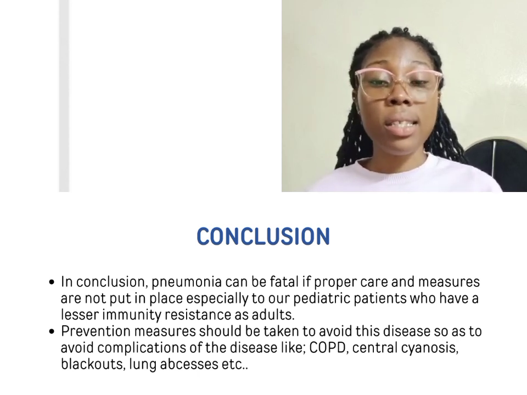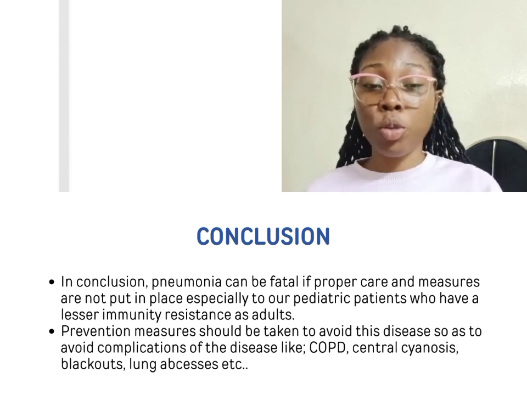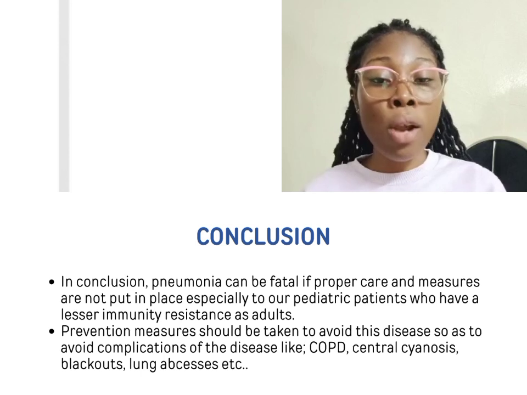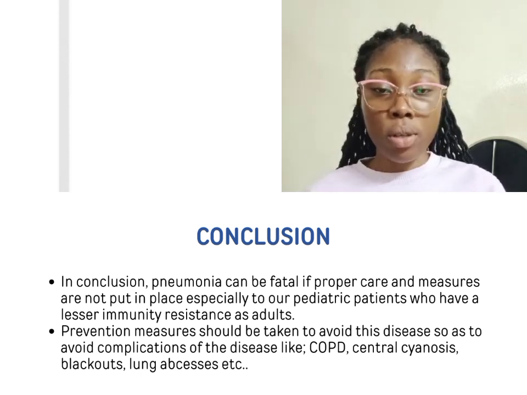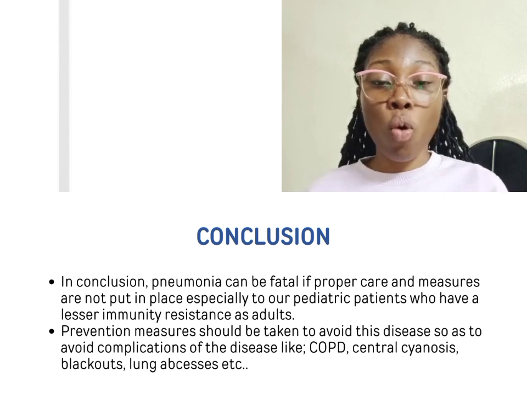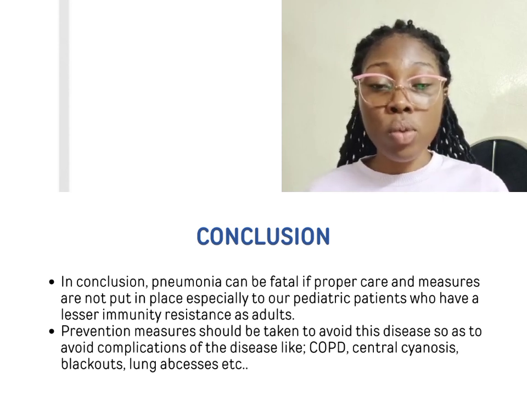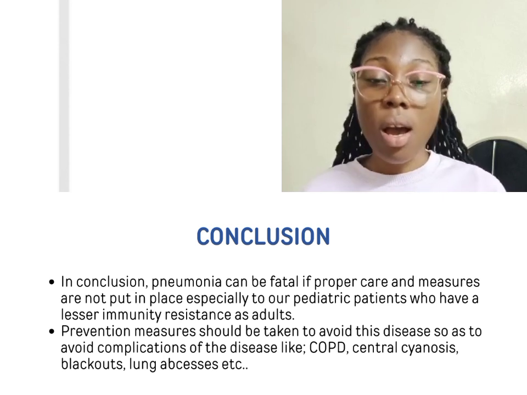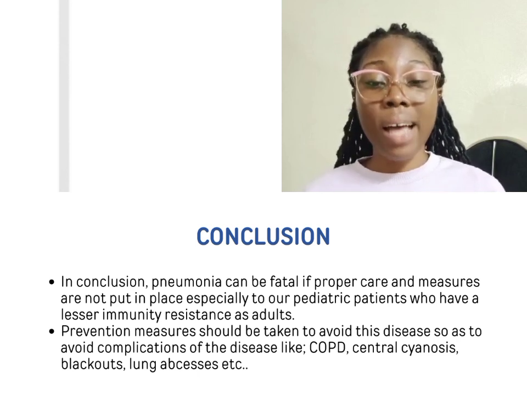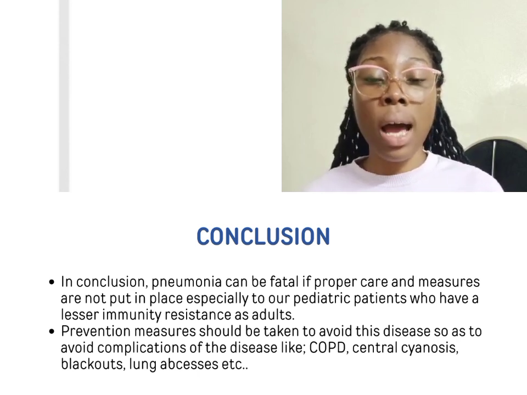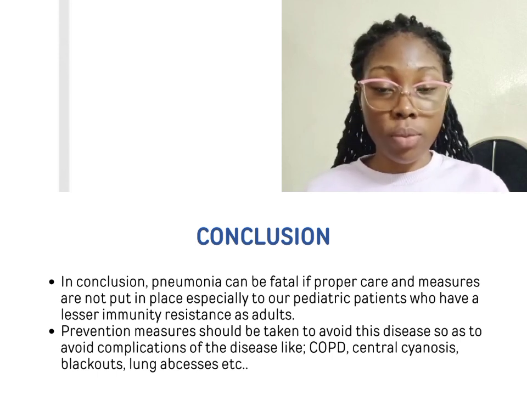Complications such as COPD, which is chronic obstructive pulmonary disease, may cause respiratory distress and other lung problems. Other complications like hypoxia and central cyanosis, which will cause bluish discoloration of the lips and the fingertips, which is a sign of hypoxia, that is, the tissues are deprived of oxygen.